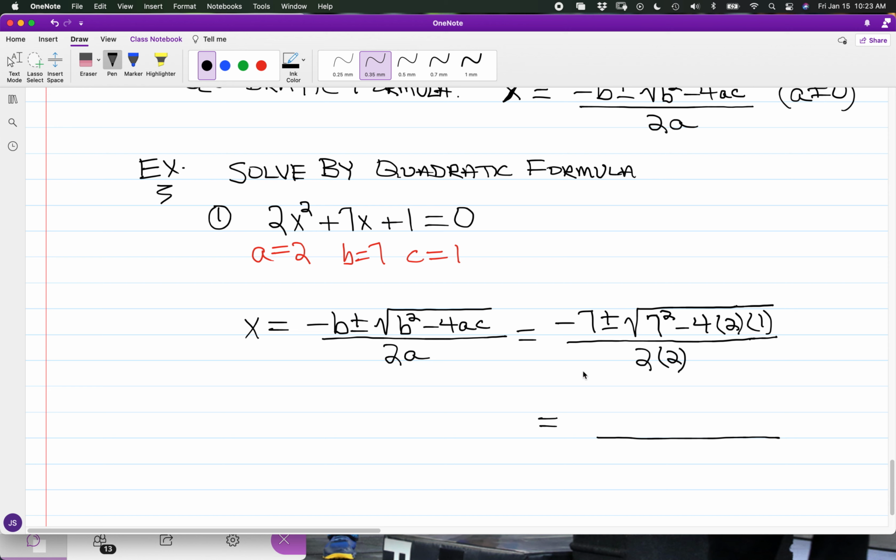So we have negative 7 plus or minus the square root. Now 7 squared is 49. For minus 4ac, I have minus 4 times 2 is negative 8. Negative 8 times 1 is still minus 8. And we have all over 2 times 2, which is going to be 4.